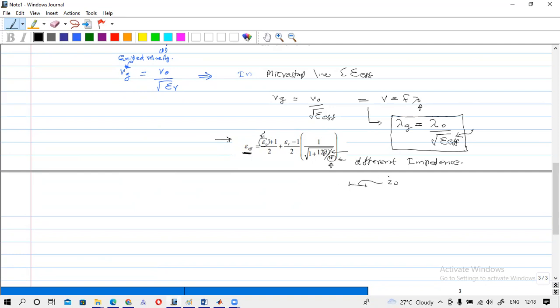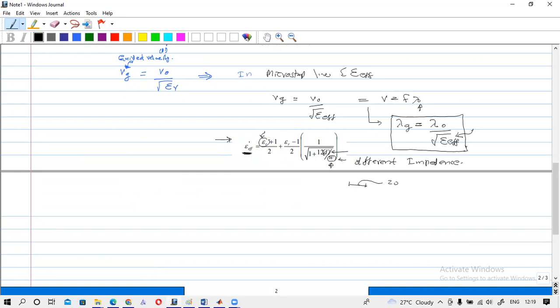So if we have different impedance values, we should have different widths related to those values. For different widths, we will get a different effective epsilon r, effective permittivity.